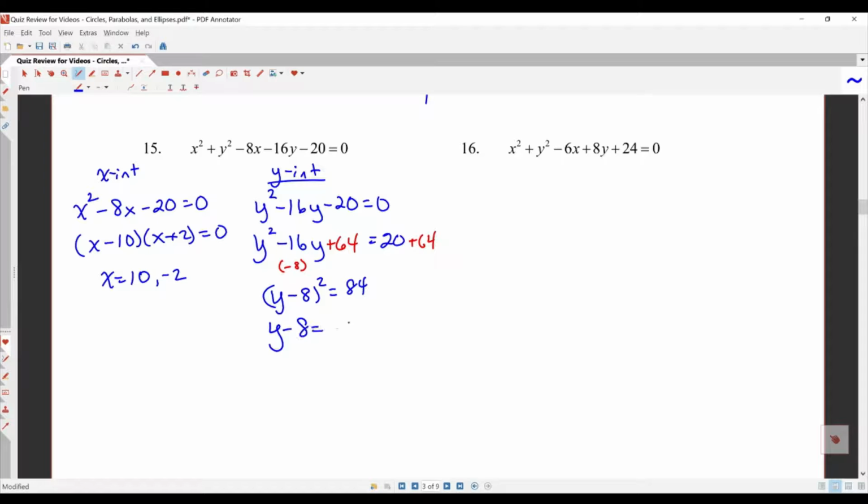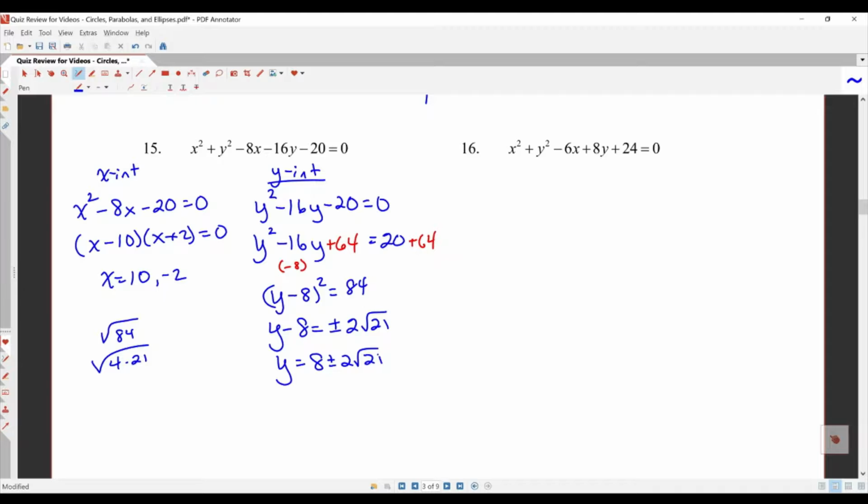Take the square root. Now the square root of 84, I'm going to actually do it down here. That's going to be 4 times 21, which has no perfect square factors. So that's plus or minus 2 square root of 21. So y equals 8 plus or minus 2 root 21.